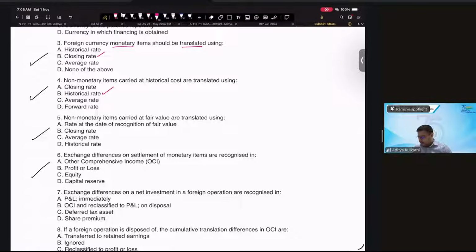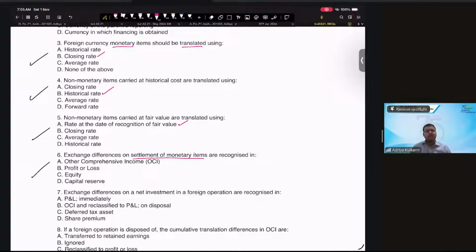All right. Non-monetary items carried at fair value. Which rate would you be using? The rate at the date of recognition of fair value. Good. Exchange differences on settlement of monetary items. Where do you recognize? Other comprehensive income. Be careful.